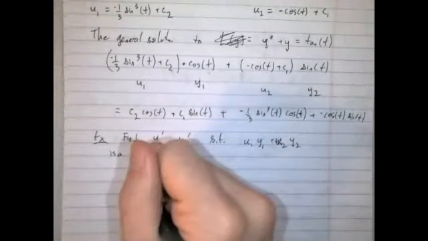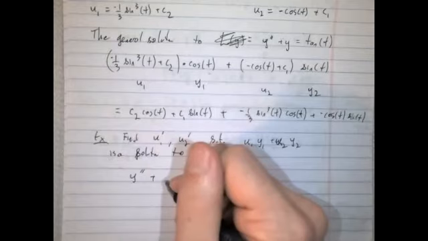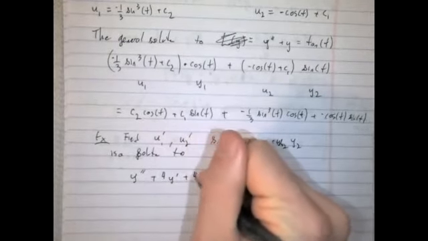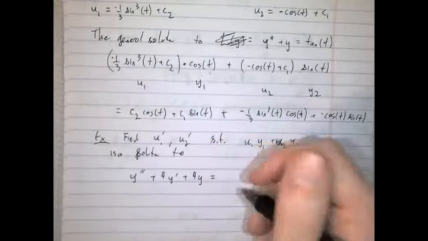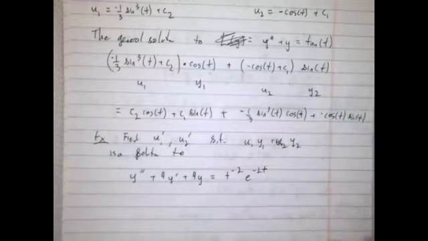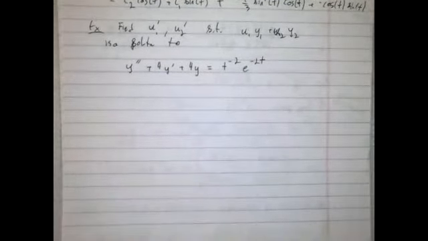to y double prime plus 4y prime plus 4y is equal to t to the negative 2 e to the negative 2t. So why don't you give this one a shot for some practice?